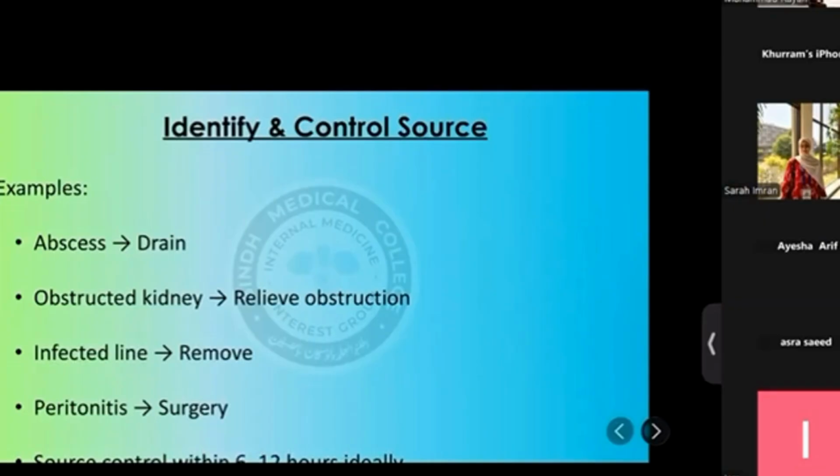Infected line, yes. Patients who are suffering from chronic diseases are mostly cannulated for a longer period of time. So you need to be very vigilant with such patients who are bed bound or being treated at home by IV antibiotics or IV fluids. You need to know when the IV cannulation was last changed.